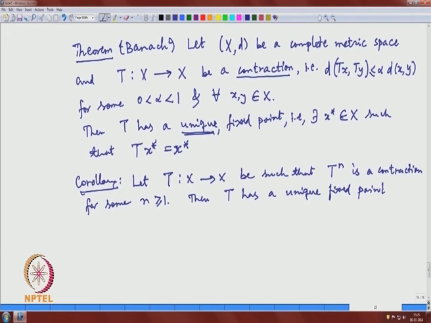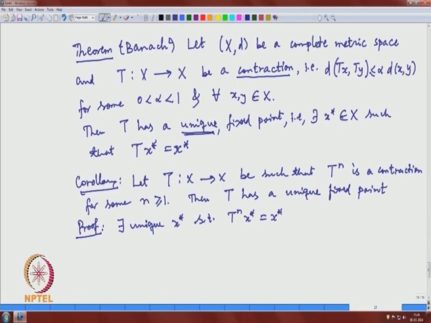Let me indicate how this corollary follows. Proof of the corollary. Since T^n is a contraction, we apply Banach's theorem. So there exists a unique x star such that T^n x star is x star.